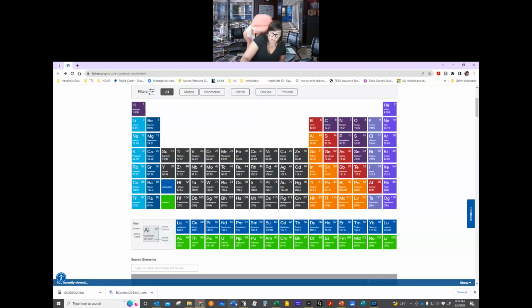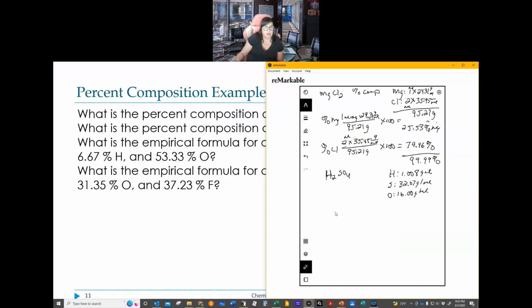The mass of the sulfur is 32.07 grams per mole. And the mass of the oxygen is 16 grams per mole. So I can put that away for a while, since I've written all of that down.